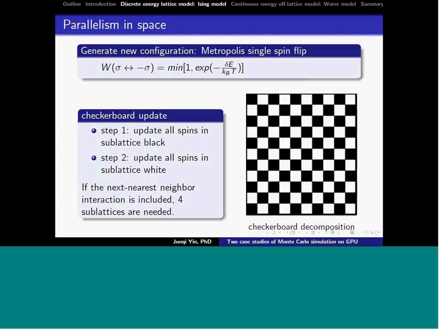We decompose the whole lattice into 2 sublattices, sublattice black and sublattice white, and we can then update all spins on sublattice black or white at the same time on the GPU, because there is no interaction within a sublattice.